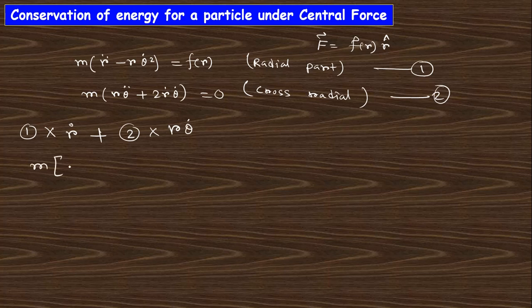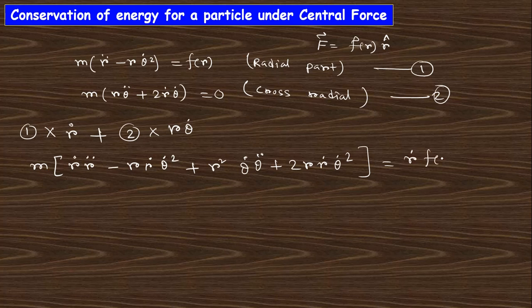This m r dot multiplies, so r dot r double dot minus r dot r theta dot square plus r square theta dot theta double dot plus 2 r r dot theta dot square equals, on the right hand side, r dot f of r. Clear?